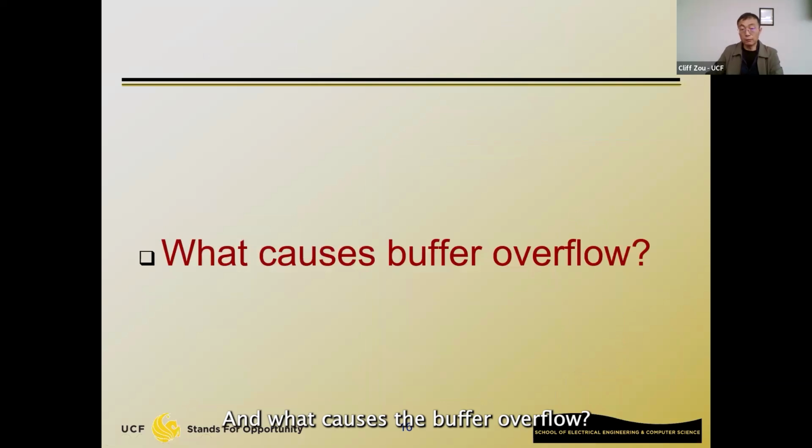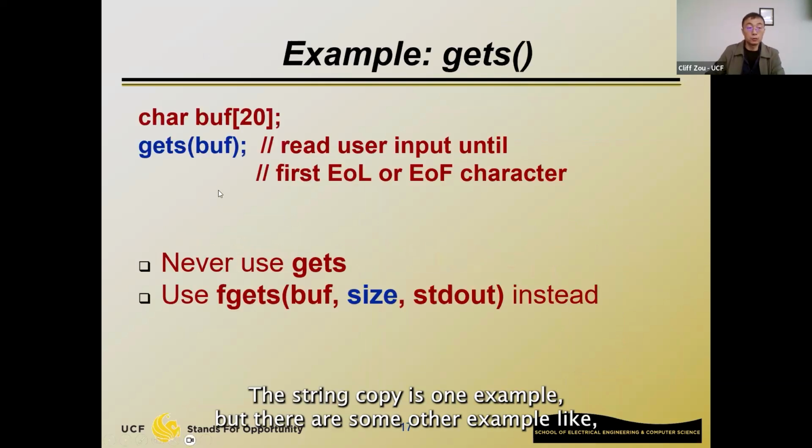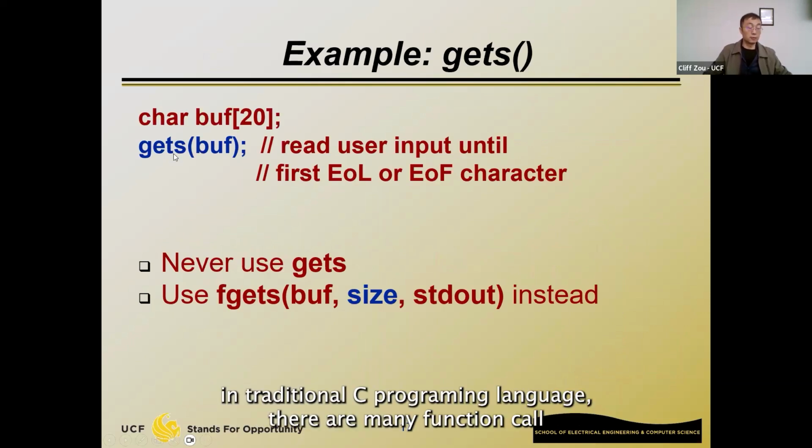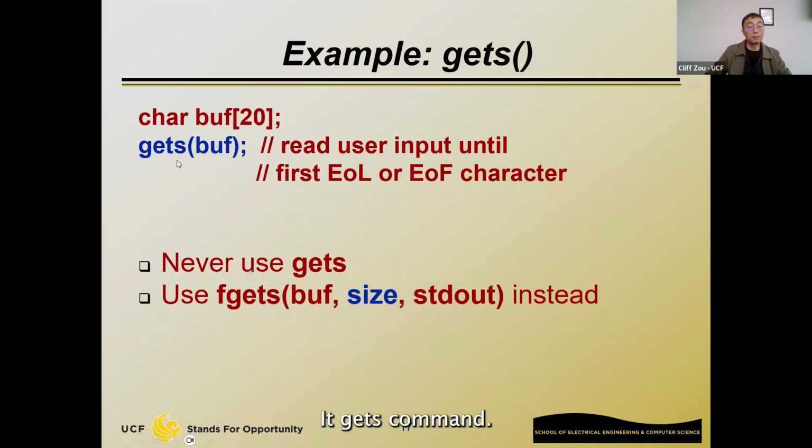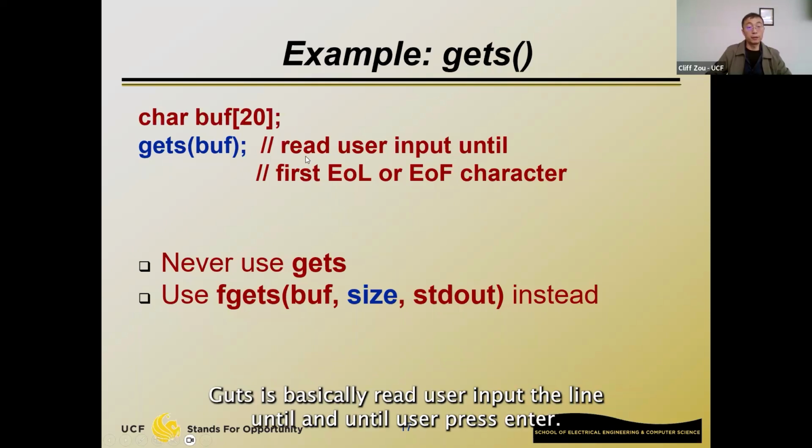And what causes the buffer overflow? String copy is one example, but there are other examples. In traditional C programming language, there are many function calls that don't check the size of the user input, like this gets command. Gets basically reads a user input line until the user presses enter.